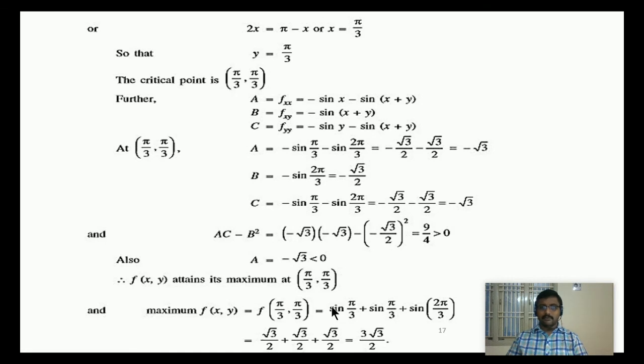But what is the value of cos 30? Root 3 by 2. So thus sin 2 pi by 3 value is root 3 by 2. Sin pi by 3 is also root 3 by 2. So thus the required max value of f is root 3 by 2 plus root 3 by 2 plus root 3 by 2, which is 3 root 3 by 2, obtained at the stationary point pi by 3, pi by 3.